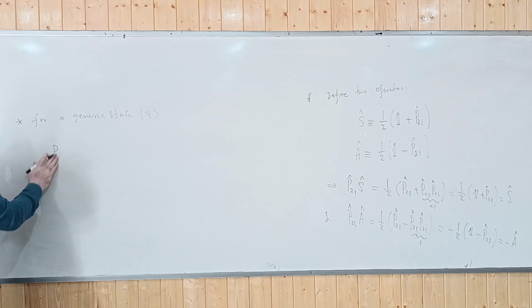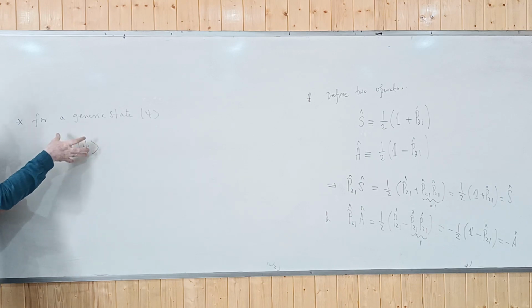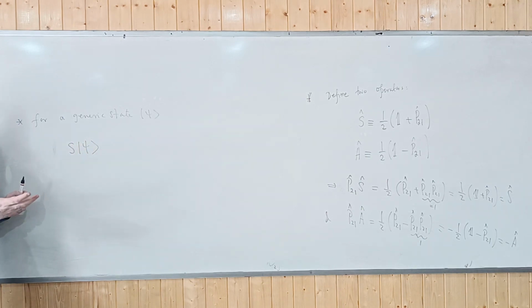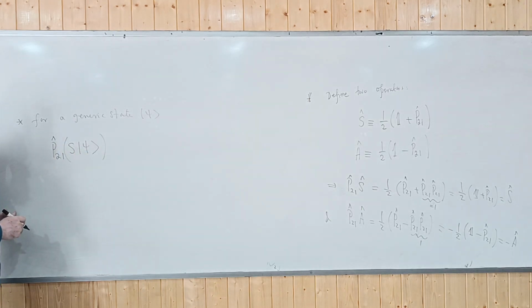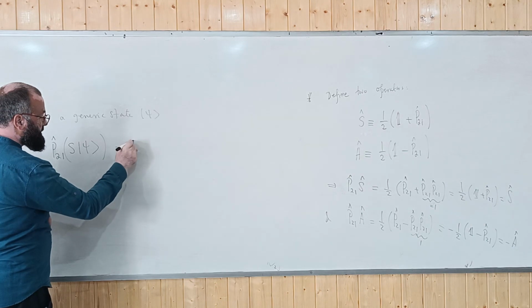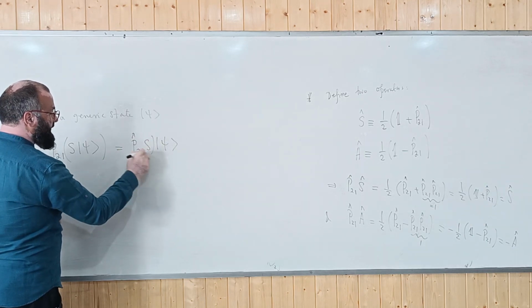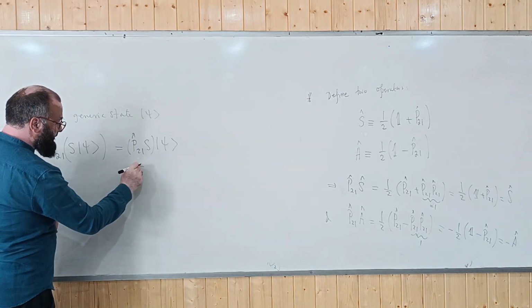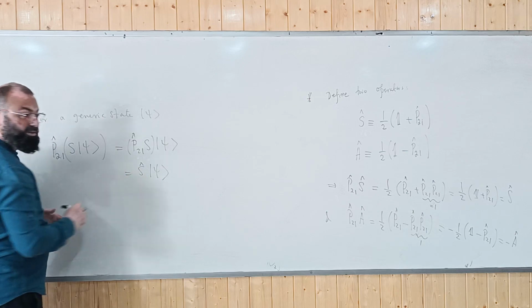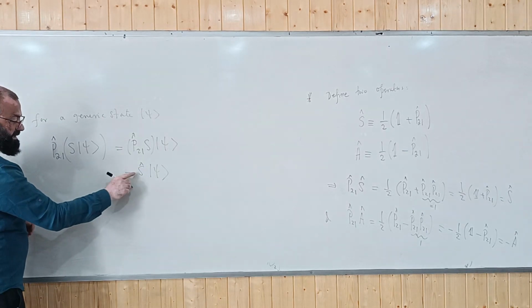So I will write like this. Let me take S acting on psi. When S acts on psi, it will be a new psi, yeah? On that very psi, let me apply this permutation operator this way. So it is P21 S acting on psi. What is P21 acting on S? It is S back. So what is the value here? It's plus 1.